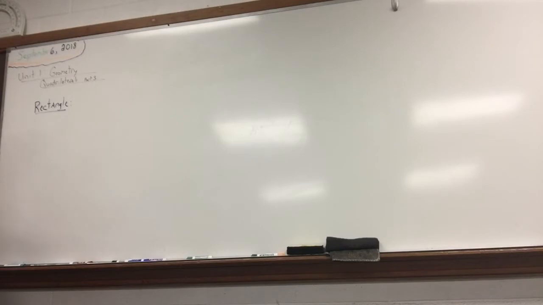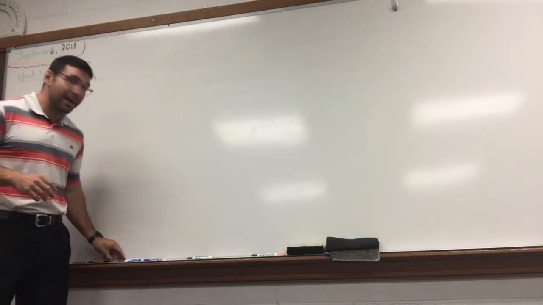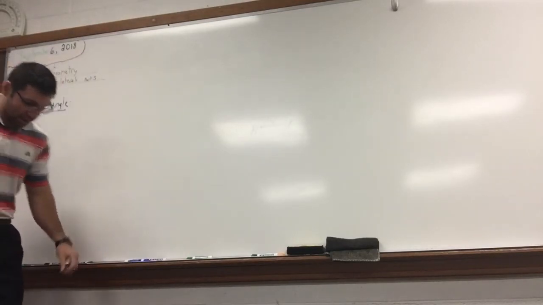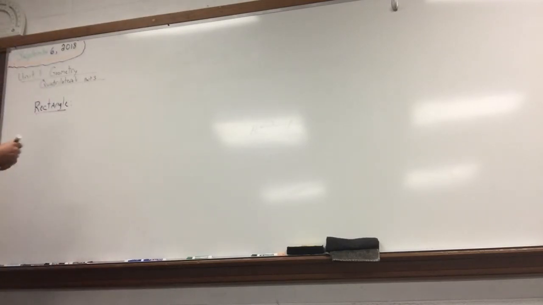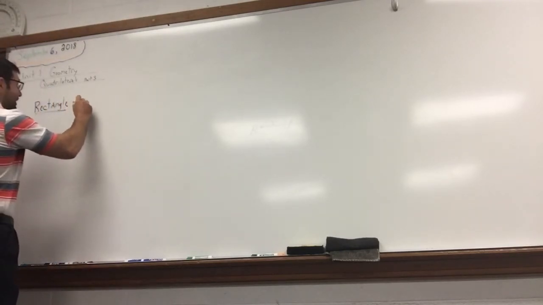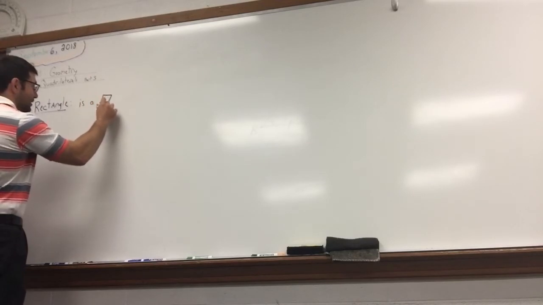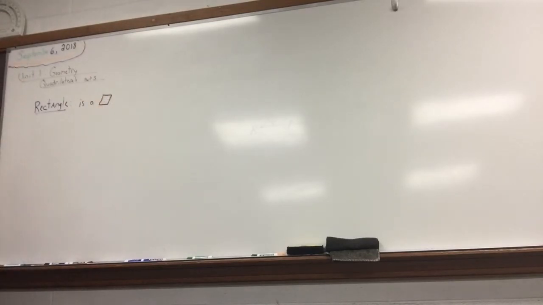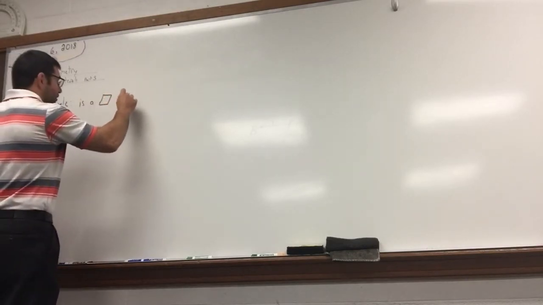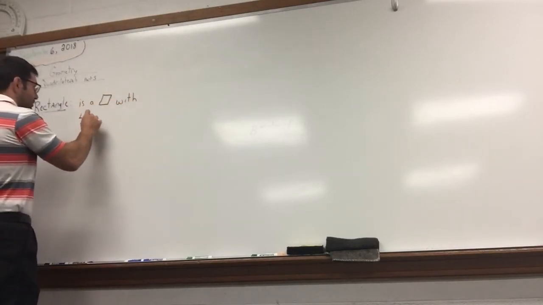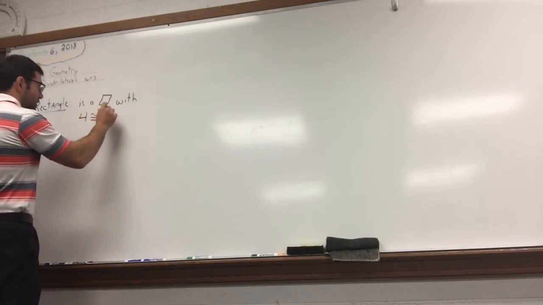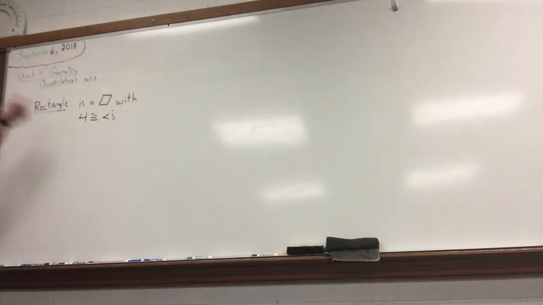That's it. You only need to know one thing extra about a rectangle. A rectangle is a parallelogram. That means opposite sides are parallel, opposite sides are congruent, opposite angles are congruent. So it is a parallelogram with 4 congruent angles. That's as geometric as I'm going to make this.